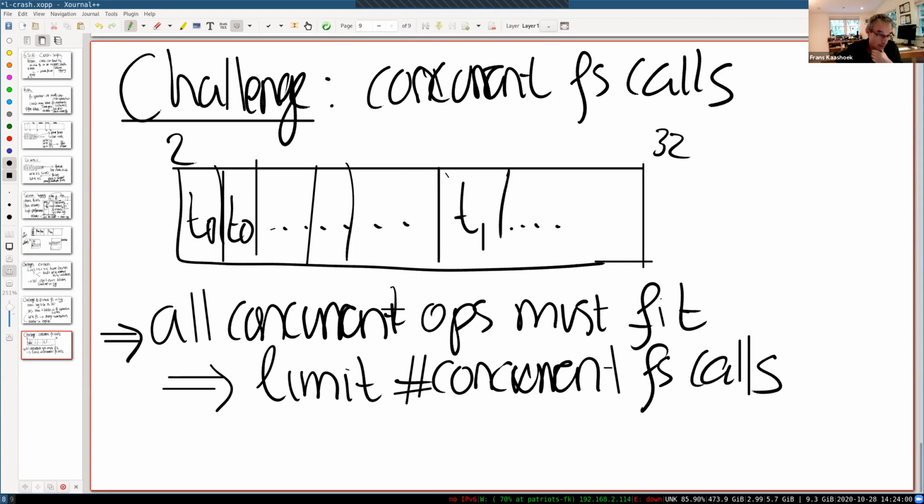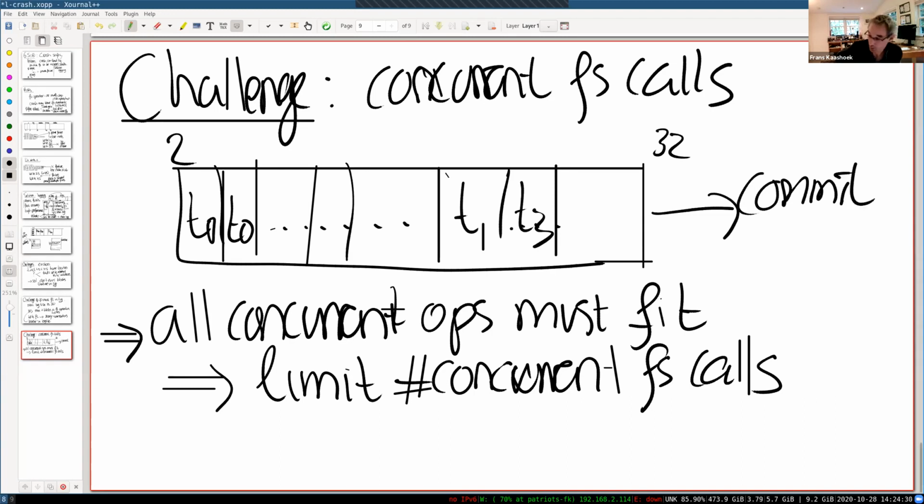If there are too many in progress, we stop the current file system operation. It goes to sleep, and it will wait until all the other operations are done and have committed. And all the other operations will commit together. In fact, at some point T1, T2 are basically done, maybe T3 is in the middle, they finish, and then all these transactions are committed together in a single time.